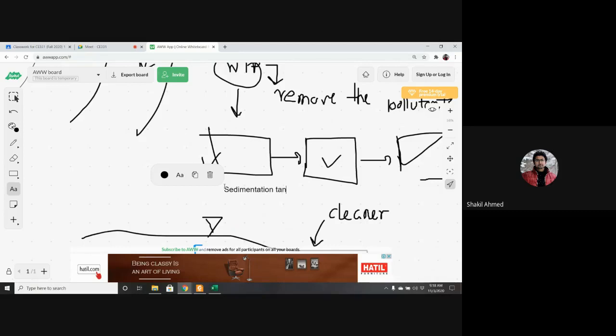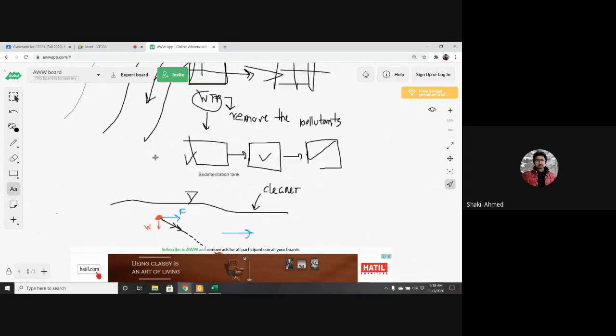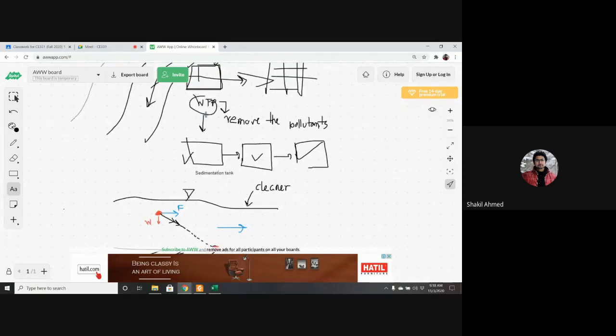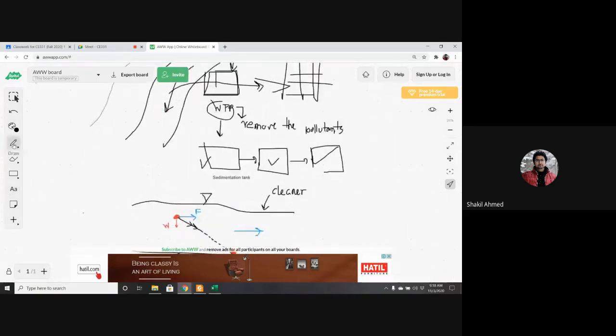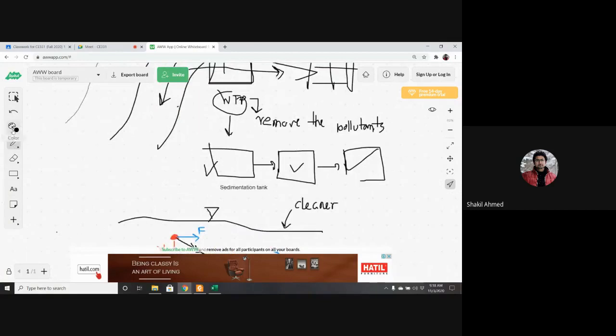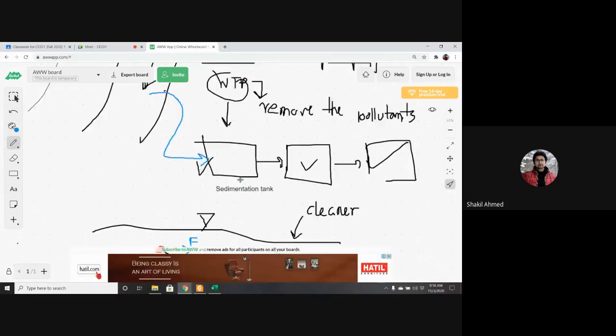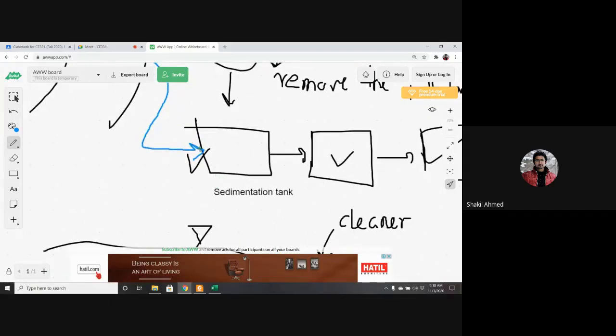First of all, at the beginning, we bring the water from the source, river or any other source, and then we put it in a sedimentation tank. As the water passes from here to there, there is sedimentation, and the water gets purified.